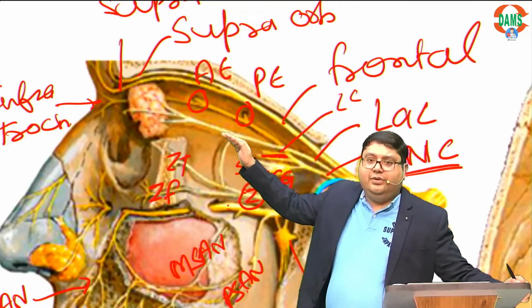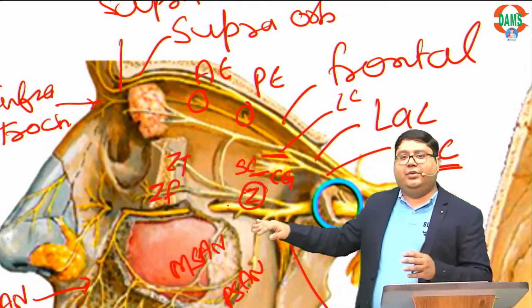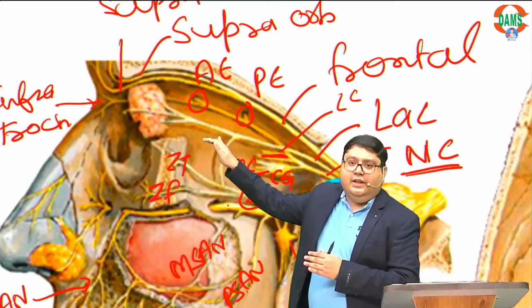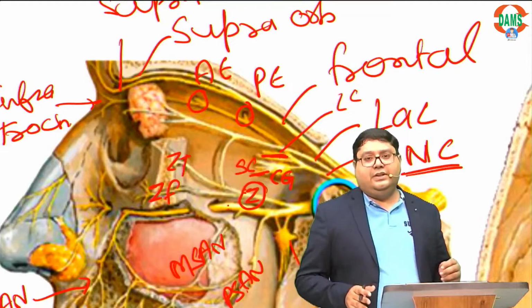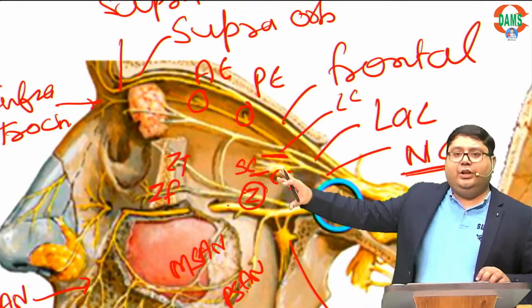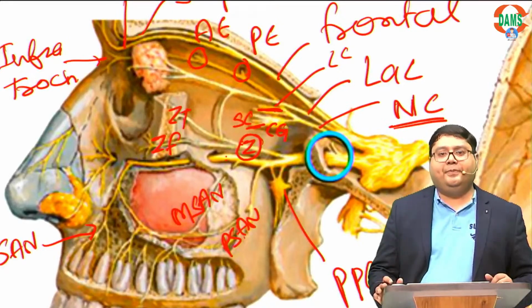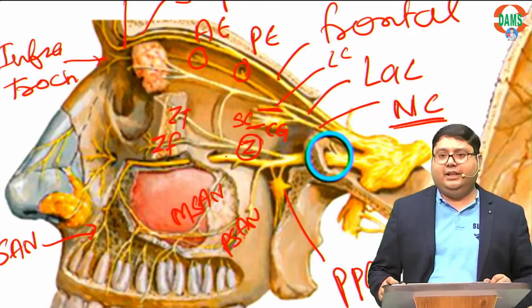Ultimately, they will be using the lacrimal nerve to reach the lacrimal gland. This is the pathway from the pterygopalatine ganglion. The fibers have reached via this and then to the lacrimal gland. Did you understand? Is this part making sense to you? Could you appreciate everything over here, all the nerve fibers, and have you understood how lacrimation is taking place?